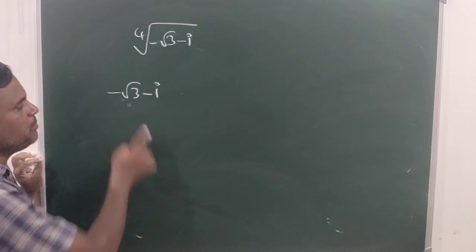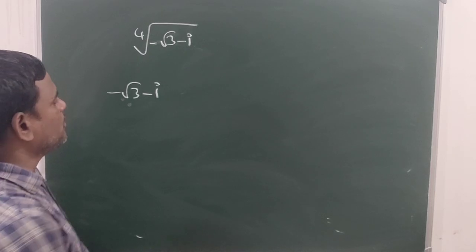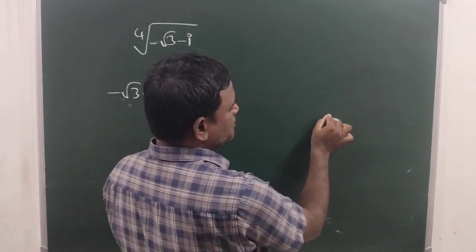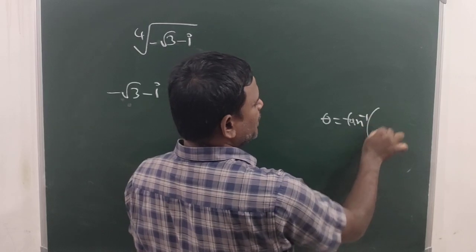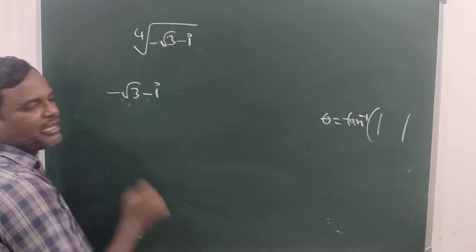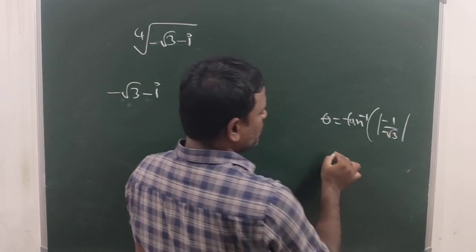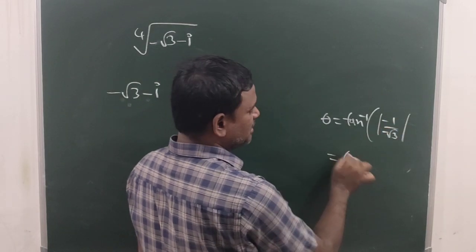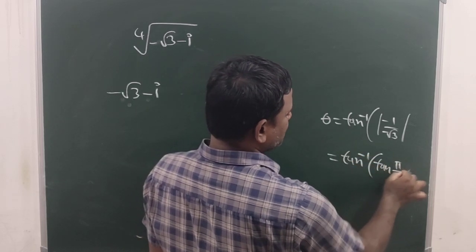Observe this, which belongs to the third quadrant. So here in the third quadrant, first prepare the theta, tan inverse of mod of y by x. Here y is minus 1, x is minus root 3, minus 1 by minus root 3. So minus cancels, you get tan inverse of tan pi radians by 6.